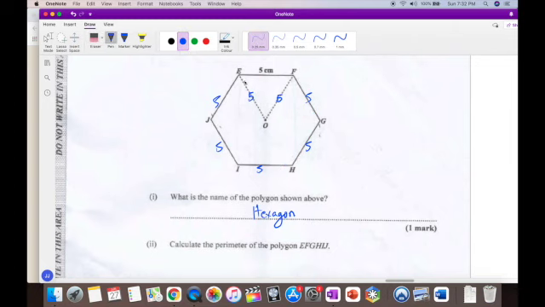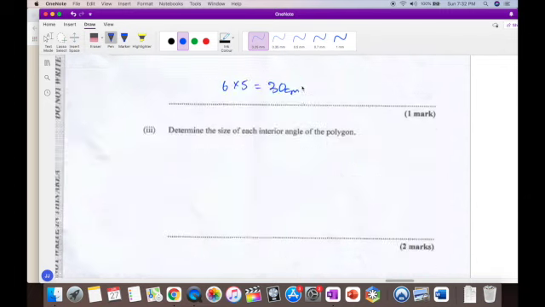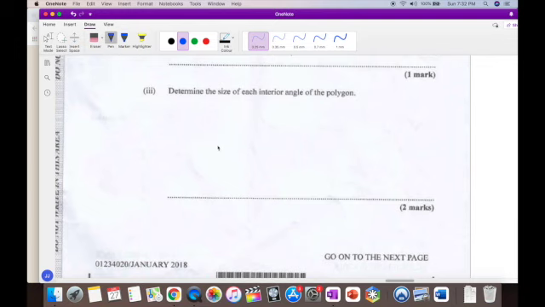Well, we know that this is an equilateral triangle, and one of the things we know about an equilateral triangle is that all of the angles are 60 degrees. That is one of the characteristics. So if this is 60, that means that this will be another 60. So that means that this interior angle there will be 120 degrees, right?